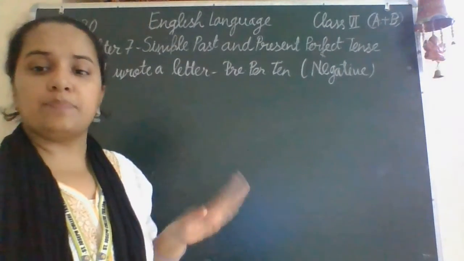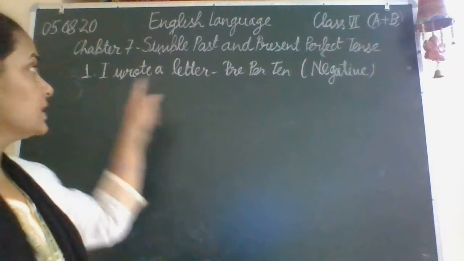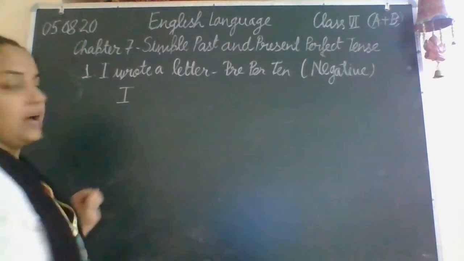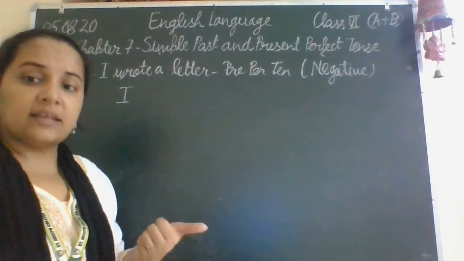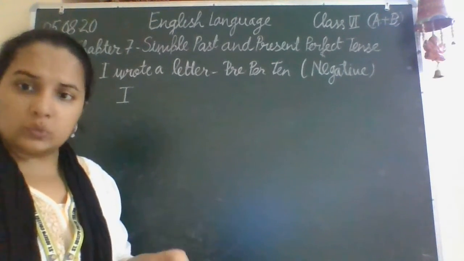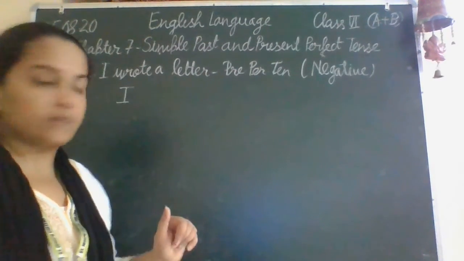So for the present perfect tense, remember, first we need the subject. The subject is I. So I have written I. Now for the negative sentence, the next thing that we need is has or have. We have to use it in all the three kinds: affirmative, negative, or interrogative.